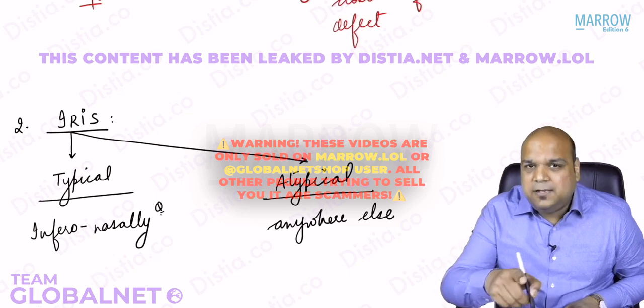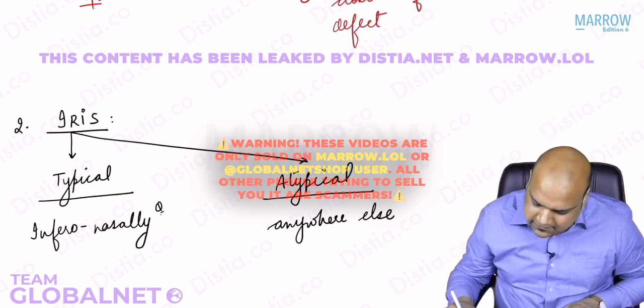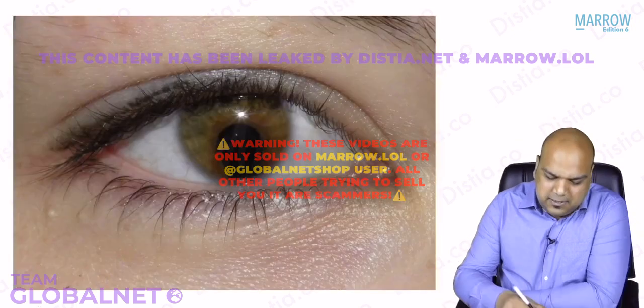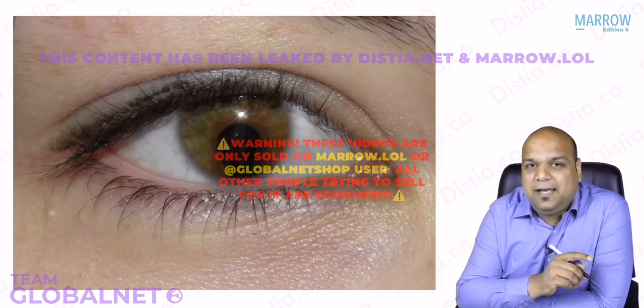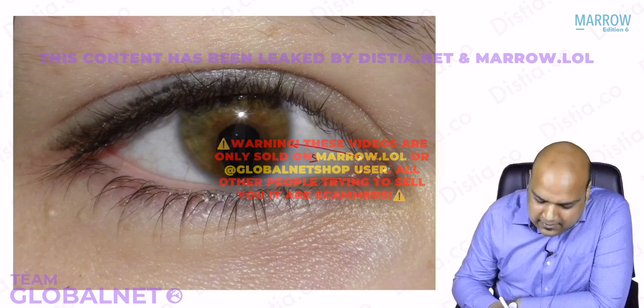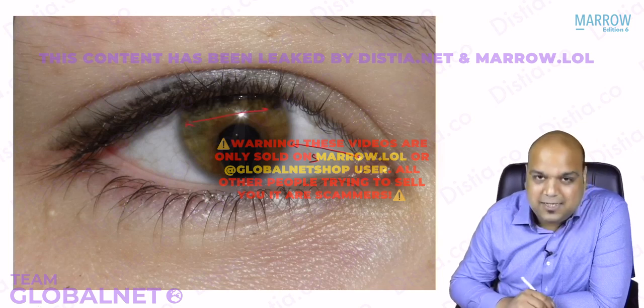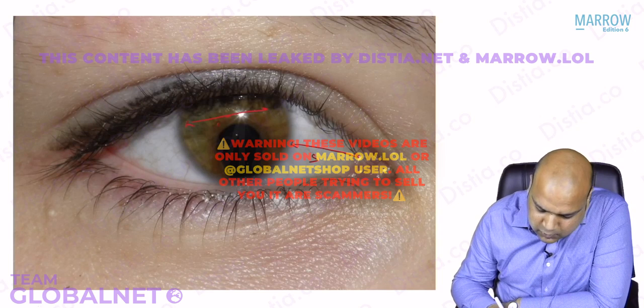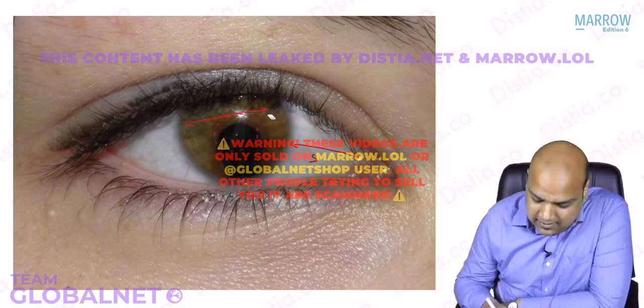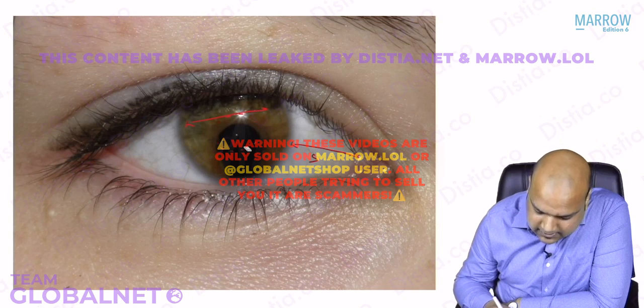Let us first see a photograph of iris coloboma and then we will discuss it further. So everybody, let's see this image. In this image, are we able to see some abnormality in the iris? If not, let's go back to the basics. This is your sclera. The central part is your cornea. In the cornea, all this brown tissue that you can see is your iris. The pupil should have been a circle, but it is not a circle.